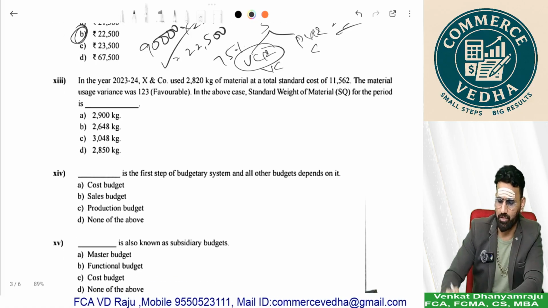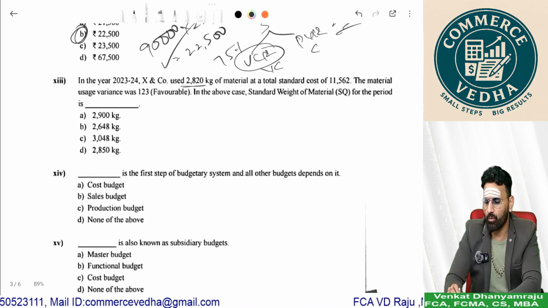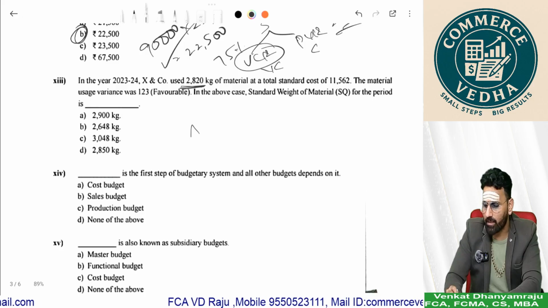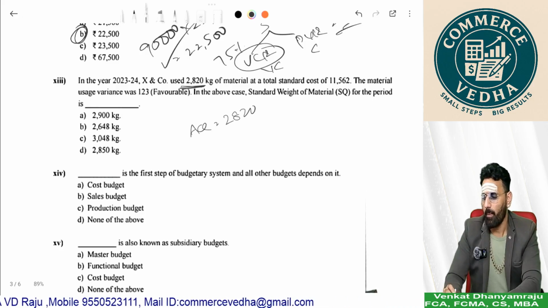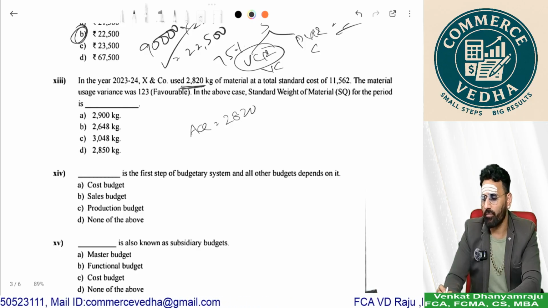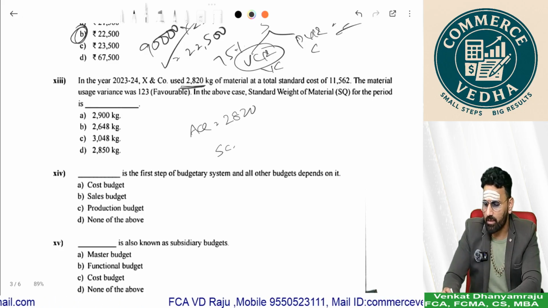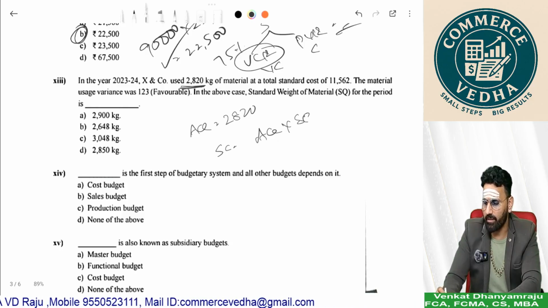Then the next question. In the year 23-24, Exenco used 2820 material. This 2820 is actual quantity, at a total standard cost of 11562. See, standard cost equals actual quantity into standard rate per unit.